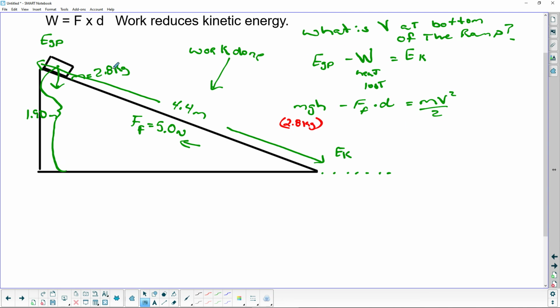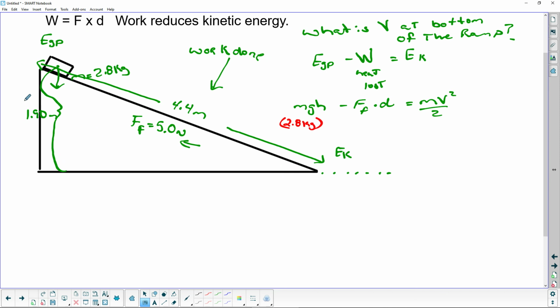So what happens in this closed system, we could put the heat energy there. The friction, as this block slides down this ramp, is actually creating an energy that we're not going to calculate, that's lost to the system. It goes into the air.